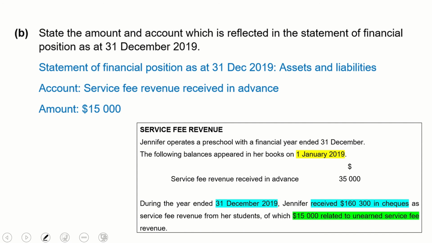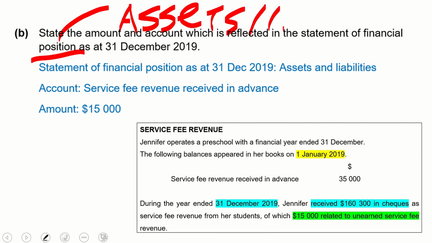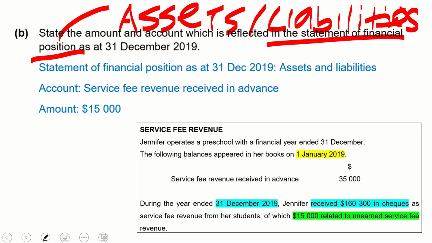The next question is, what is the amount in the account which is reflected in the statement of financial position? So the statement of financial position shows you all your assets and all your liabilities, owner's equity. In this case, it is the liability.